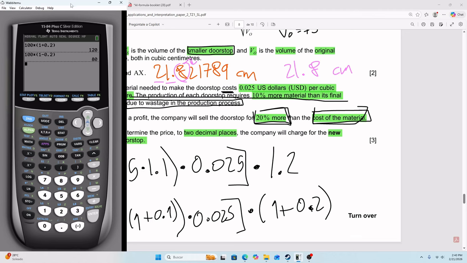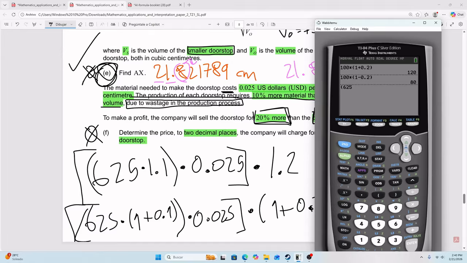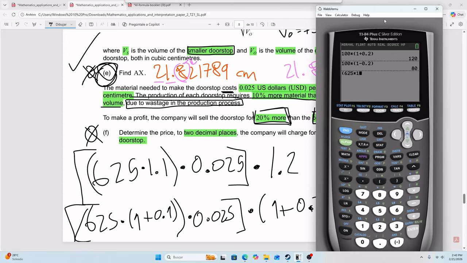Anyways, you pop all of that into your calculator. I'm going to do the part up top. You end up with 625 times 1.1. That's telling you the final volume has to be 10% more because of the wastage in the process. And this per cubic centimeter will cost me 0.025. And all of this has to be 20% more.